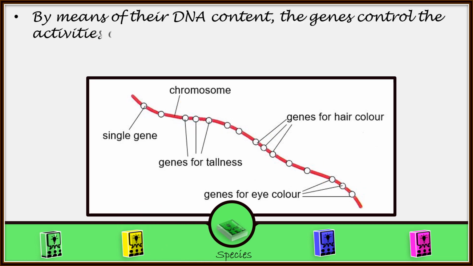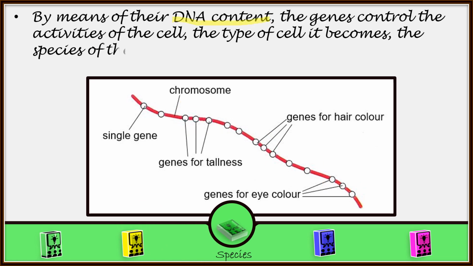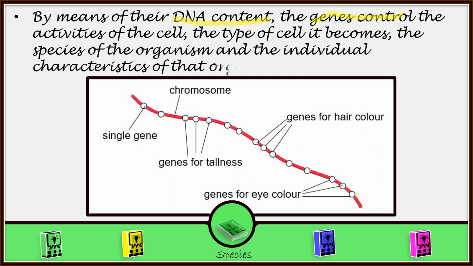By means of their DNA content, the genes control the activities of the cell, the type of cell it becomes, the species of the organism, and the individual characteristics of the organisms. So, depending on the content of the DNA, those genes control the activities of the cell.